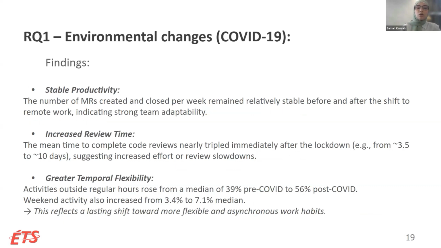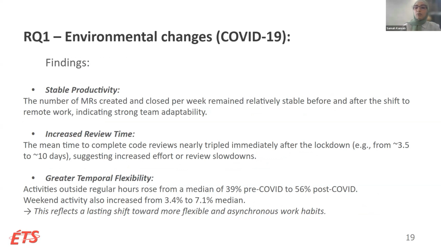So our findings show that the productivity overall during the migration from working on site to home was almost stable. We see that the number of merge requests created and closed per week remained almost stable before and after the shift to remote work, and this goes with an increased review time.